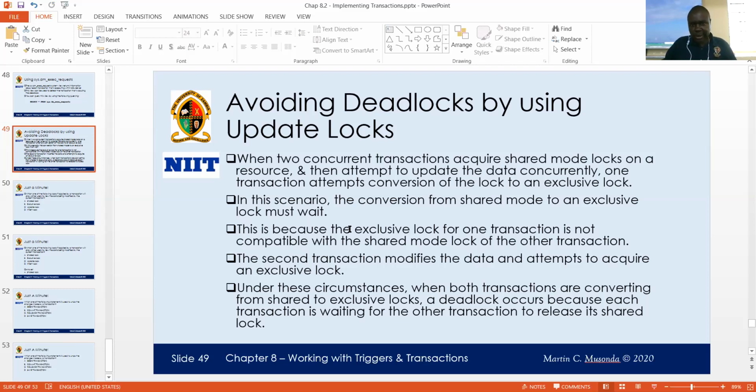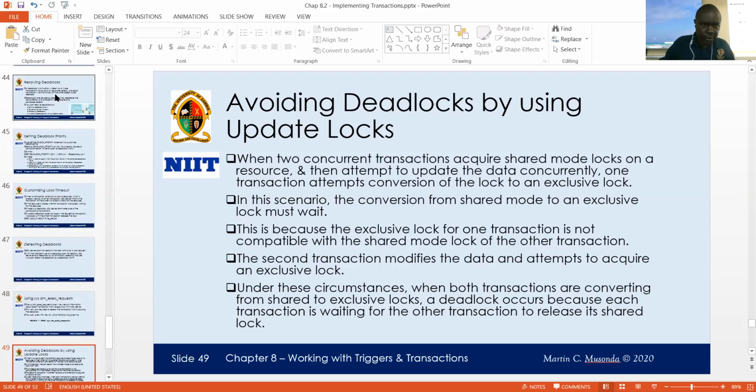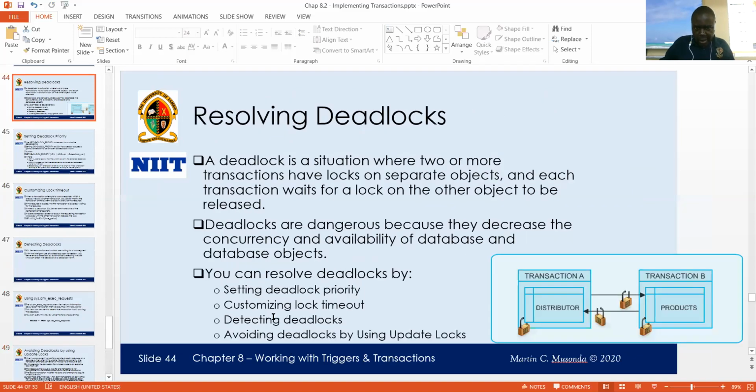This is because the exclusive lock for one transaction is not compatible with the shared mode lock of the other transaction. Okay. So these are the ways in which deadlocks are resolved: setting deadlock priority, customizing lock timeout, detecting deadlocks, and avoiding deadlocks by using update locks.